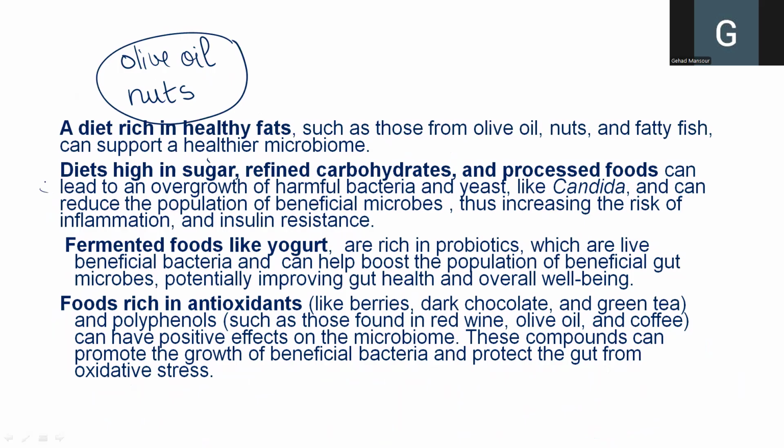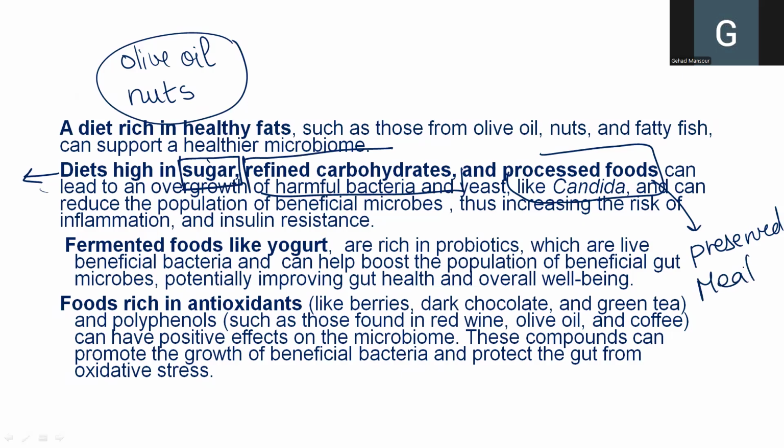On the other hand, this is another example of harmful diets that are rich in white sugar or in white flour or in processed foods. And processed foods are usually preserved foods. And as we said before, especially in preservation of meat, like bull beef, for example, and luncheon, they use nitrites.